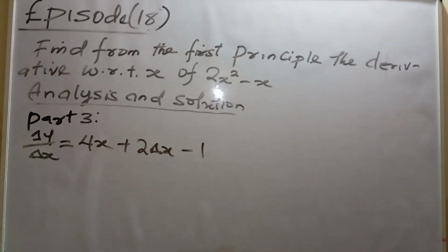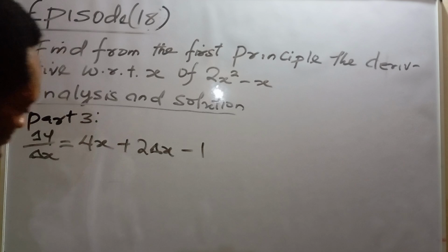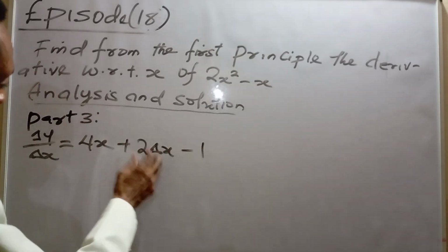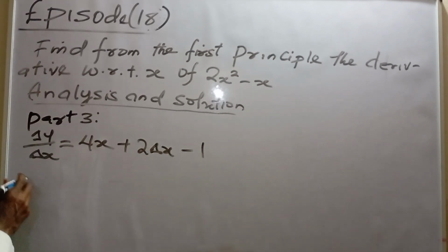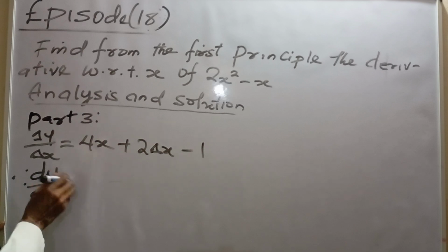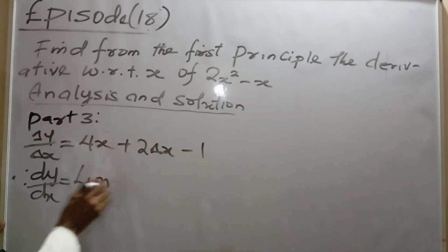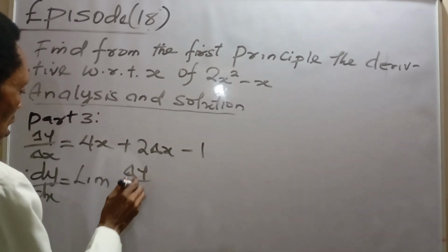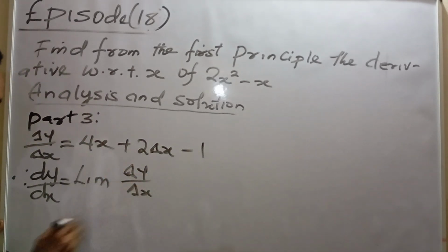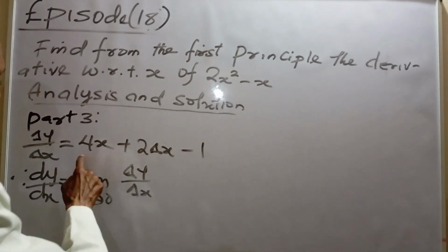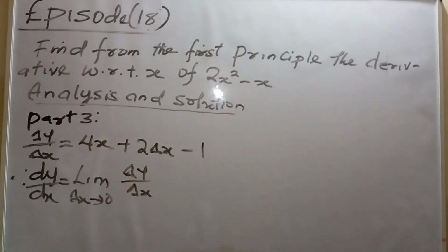So the next thing you do, for you to get your dy ds, you will have to take the limit of this, as delta s tends to 0. So what it means is this. You will say, therefore, my dy all over ds equals the limit. You take the limit of delta y all over delta s as delta s tends to 0. What it means is that anywhere you see delta s here, replace it with 0.